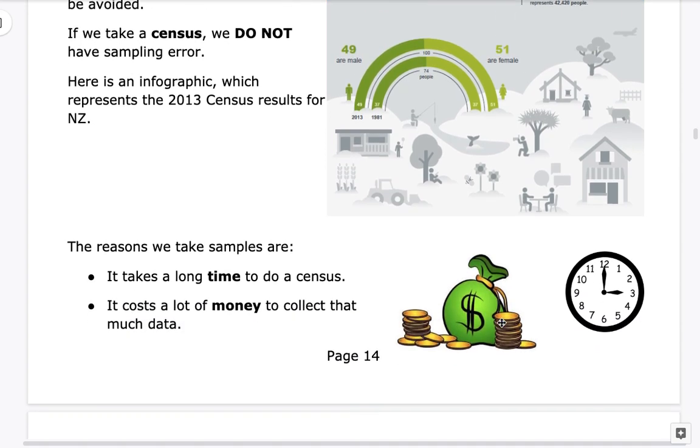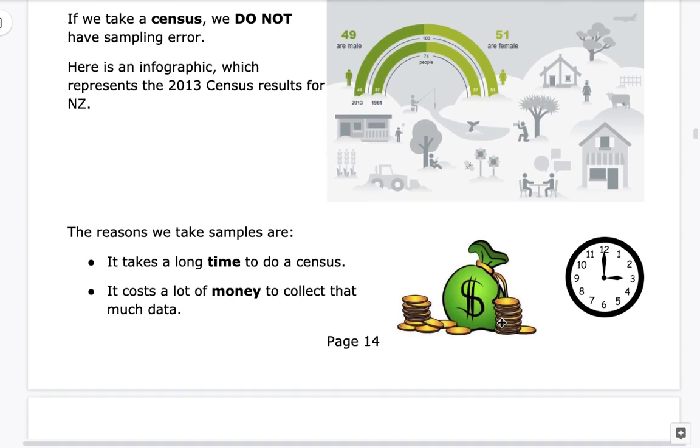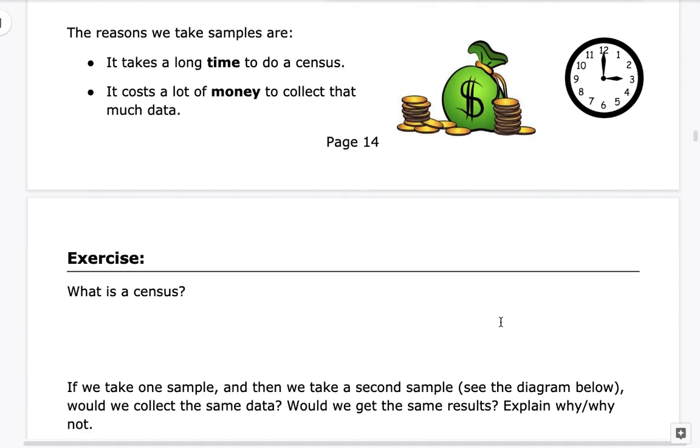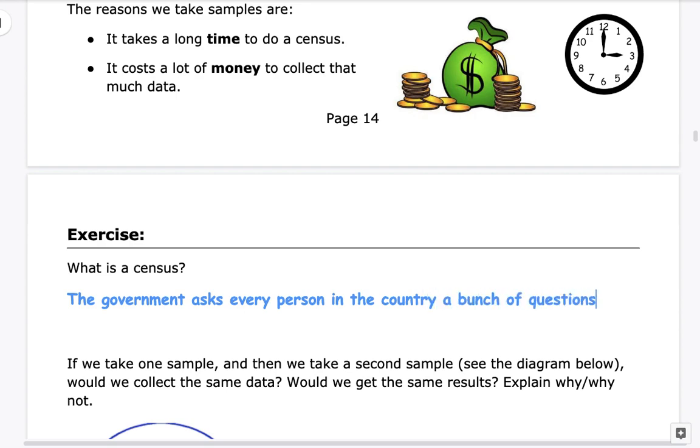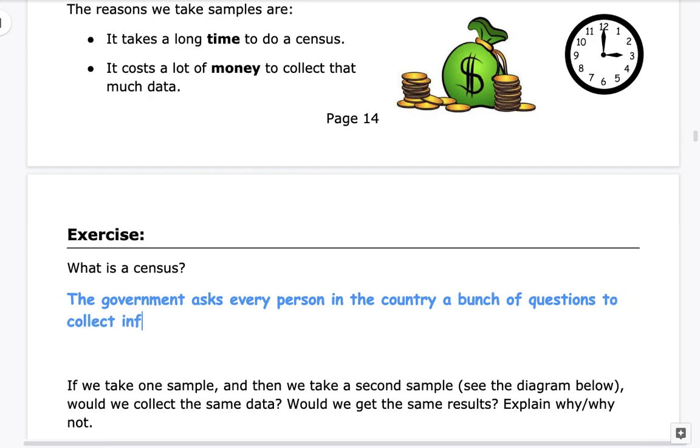But we usually take a sample because the time that it takes to do a census and the cost of this is huge, okay? So hundreds of millions of dollars to do a census. So what is a census? That is when the government asks every person in the country a bunch of questions to collect information to help make decisions.